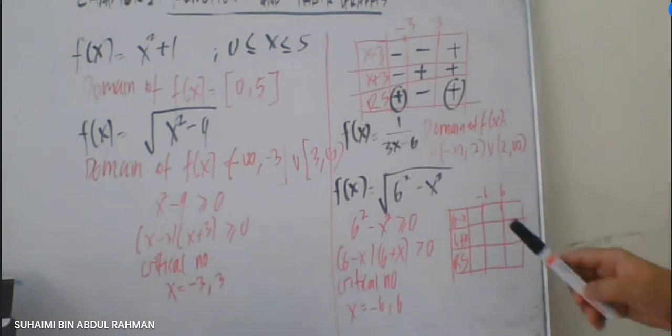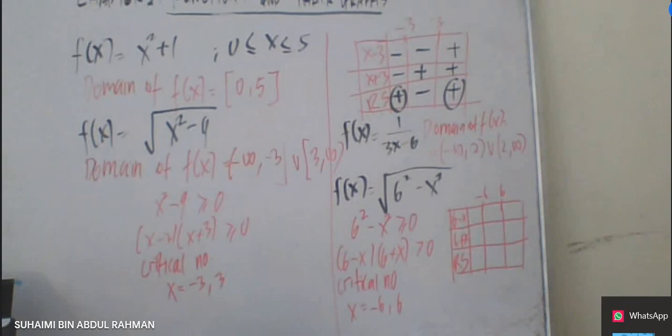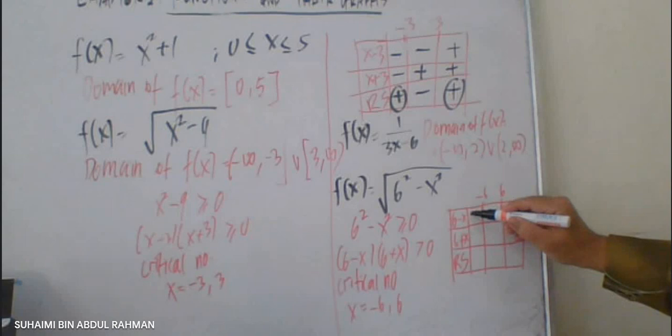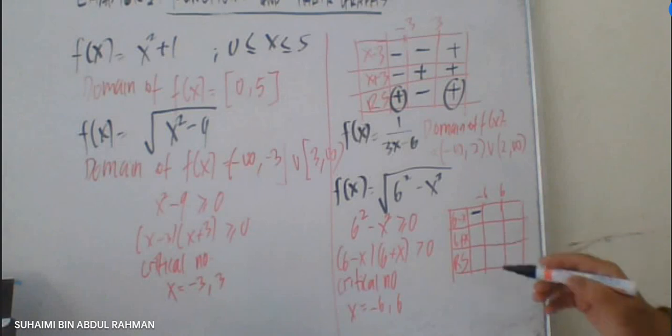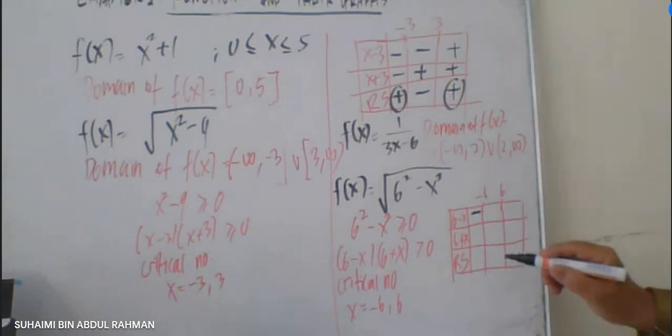Take one value which is less than 6. It's going to be positive, negative, right? One value greater than 6, substitute into 6 plus x. What do you get? Negative.